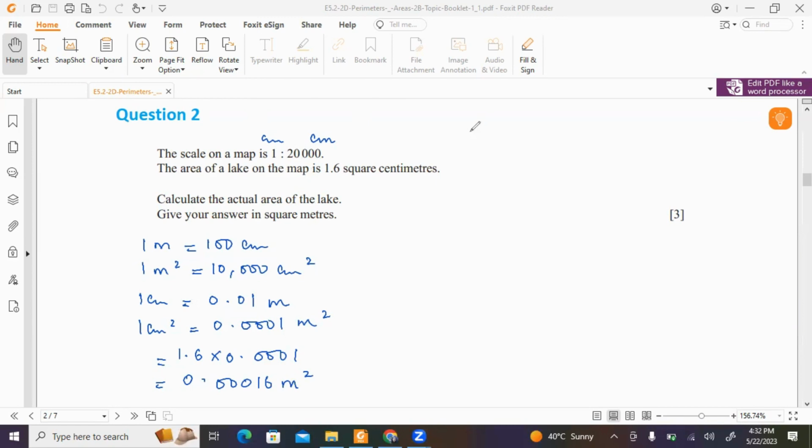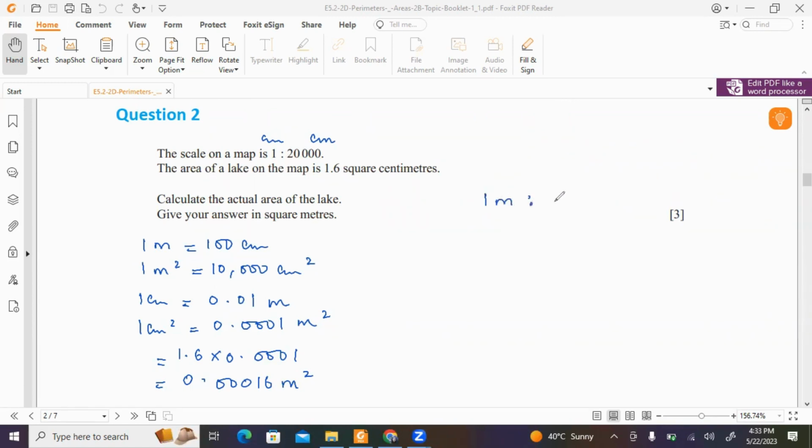Now, if you look at the scale, that's given in centimeters as well, so let's convert that into meters. We know 1 centimeter is 0.01 meters. So 20,000 times 0.01 is going to be 200.